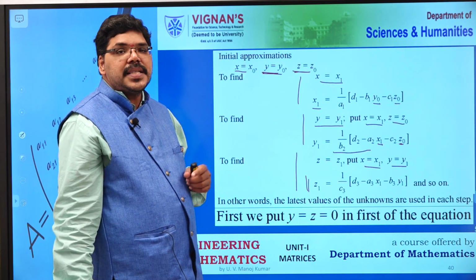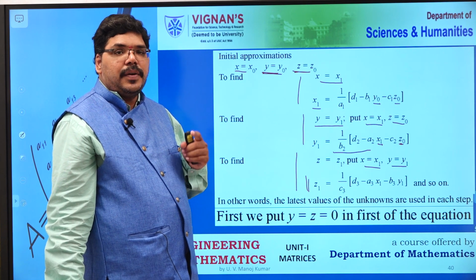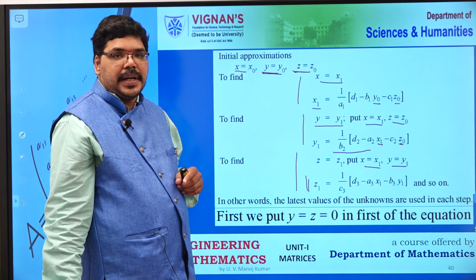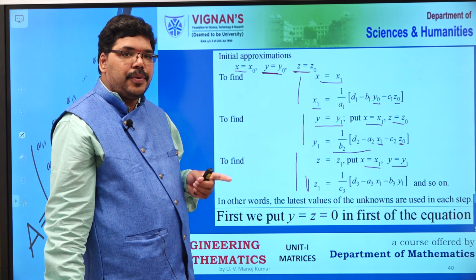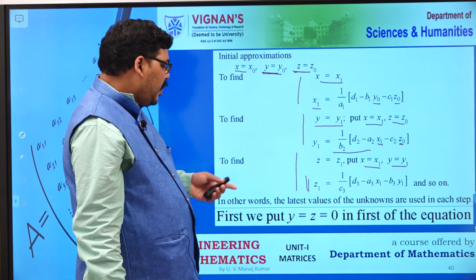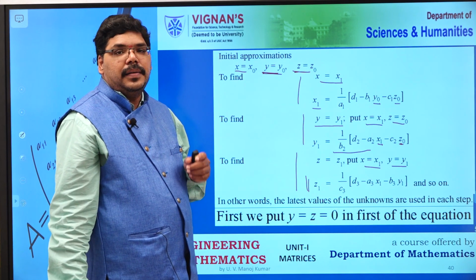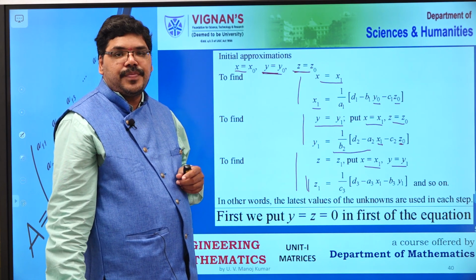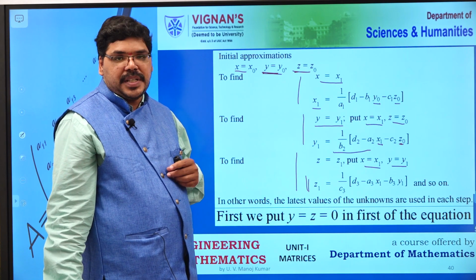Remember, in the Gauss-Seidel method, the latest known value of the variable should be substituted. If you repeat this, after certain iterations, the method will converge.